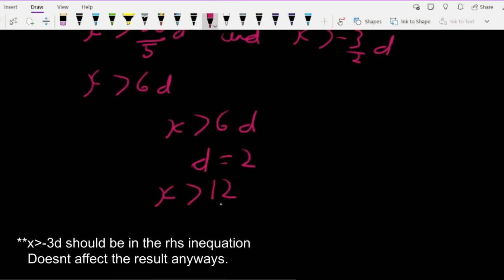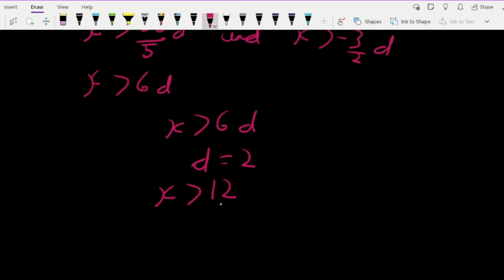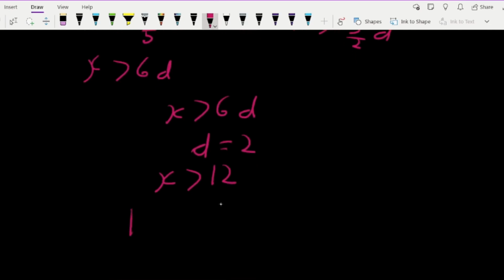That means the minimum value of ai plus 1, which is a3, should be 13. So if we wish to take this particular arithmetic progression series with common difference as 2, then we should take the minimum value of ai plus 2, that is a3, to be 13.